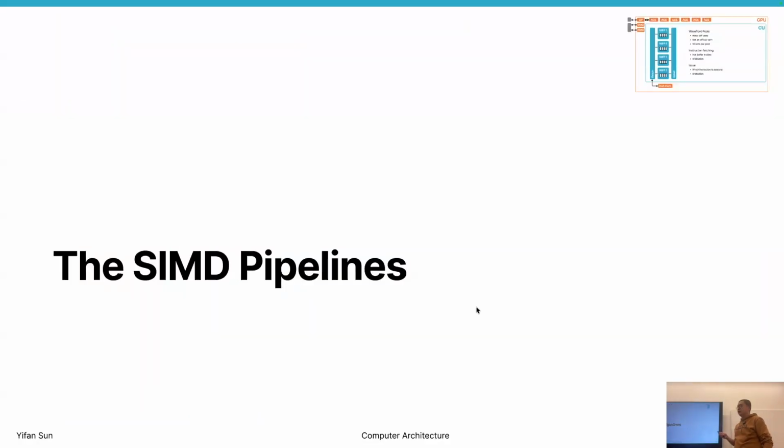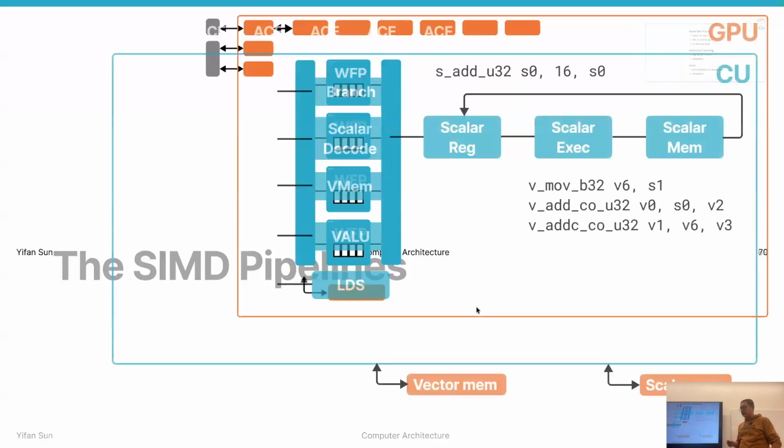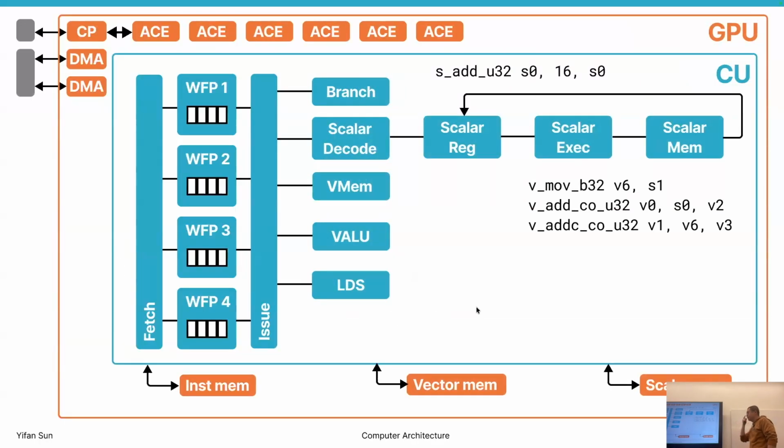Then we're going to talk about the most important part, which is the SIMD pipelines, which is the most important computing power of GPUs. So the VALU instructions, any instruction that starts with a V, is a vector instruction. Vector instructions can use scalar registers and can also use vector registers. By the way, the scalar pipeline only has integer processing capability.